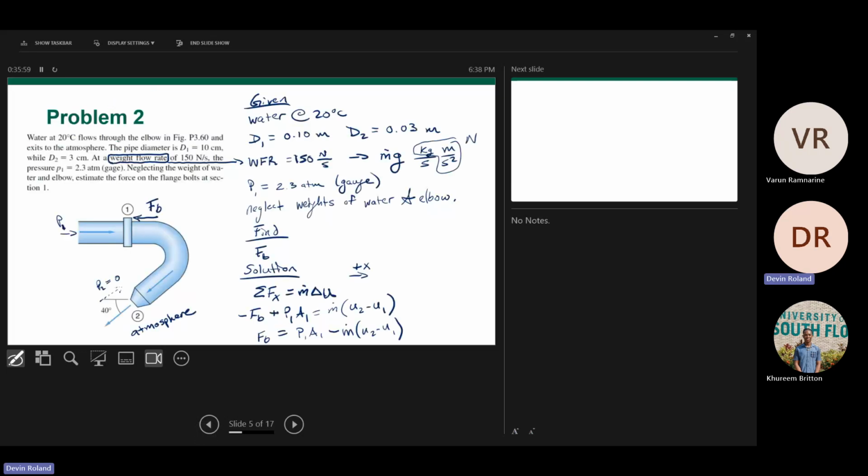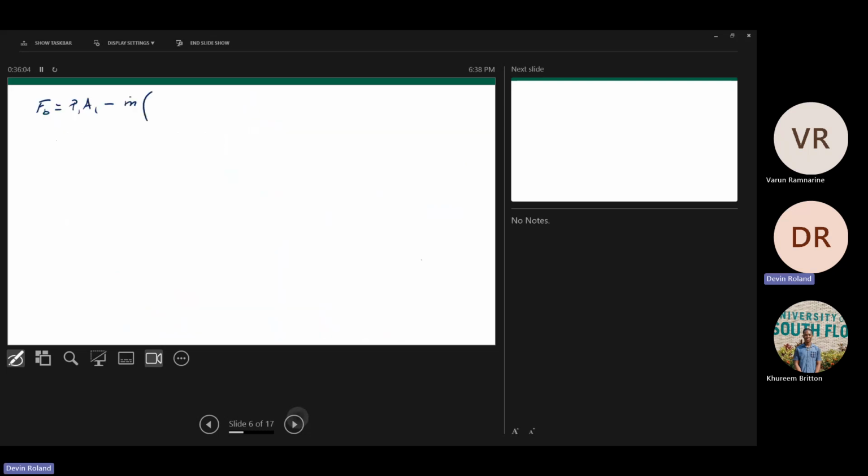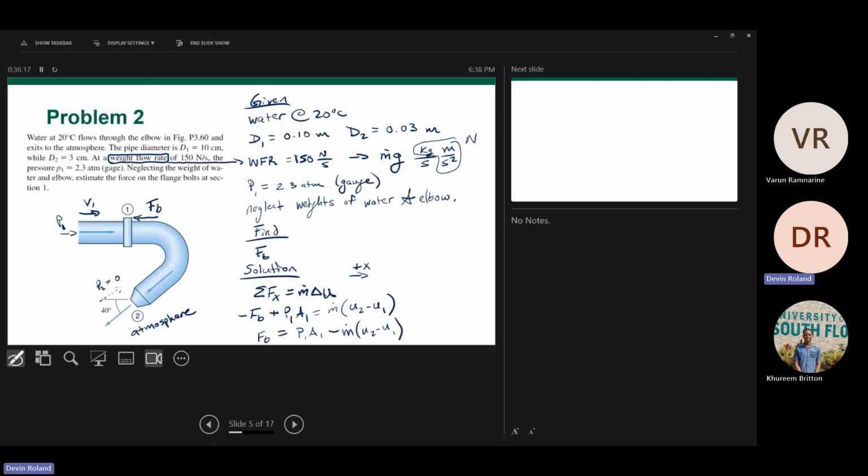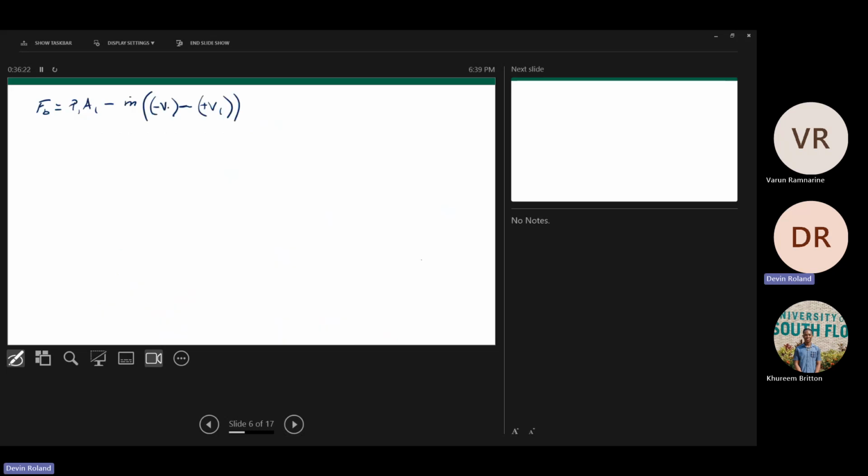In this case, velocity 1 is flowing this way, so it's positive. Velocity 1 is going to go here as a positive value, and then velocity 2 is going opposite that, so it's negative. This would be negative V2. So FB equals P1A1 minus m dot negative V2 minus V1.